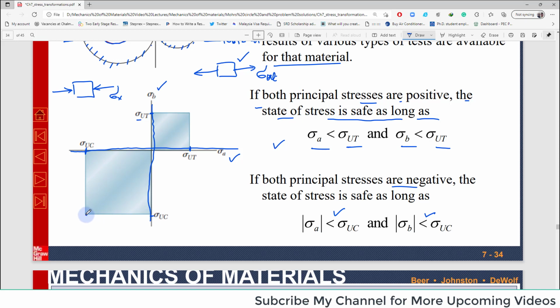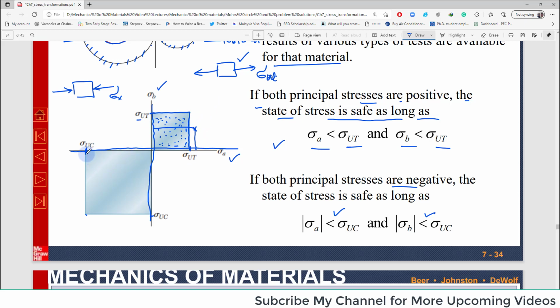If you are talking about ultimate strength under tension, this will be your envelope. Clear? Any point inside this will be safe for the tensile stress. So if a point is like this, you can see sigma B is less than sigma ut, but sigma A is greater than sigma ut. So it will fail under the tensile test.